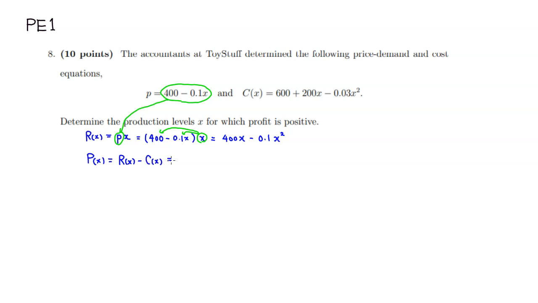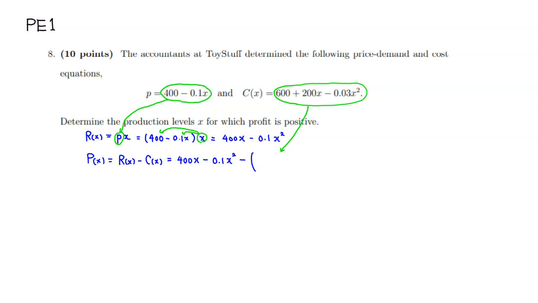The revenue function we just found is 400x minus 0.1x squared. And then we're going to subtract the cost function. The cost function is given up here, so I'm just going to shove that in here.